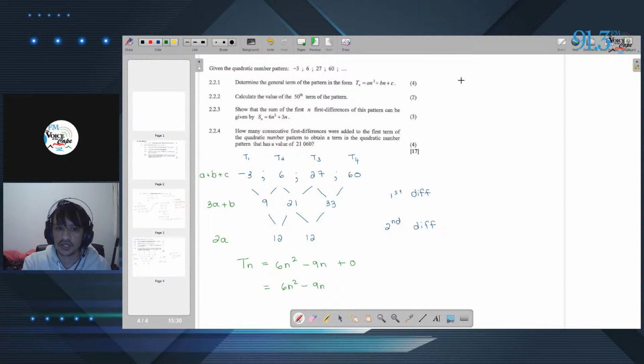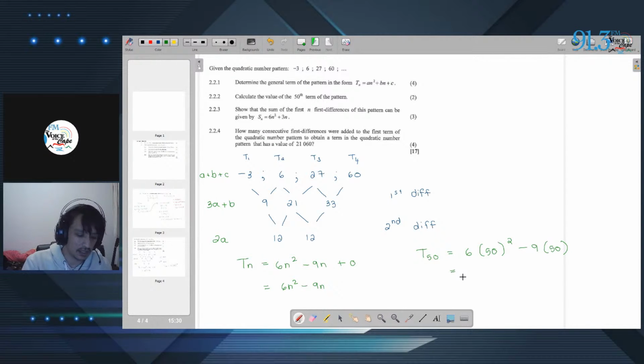Now we can just substitute it in. So I'll use this equation and I'll say T50 is equal to 6 times 50 to the power of 2 minus 9 times 50. And if I plug this information in my calculator, 50 squared is equal to 2,500.